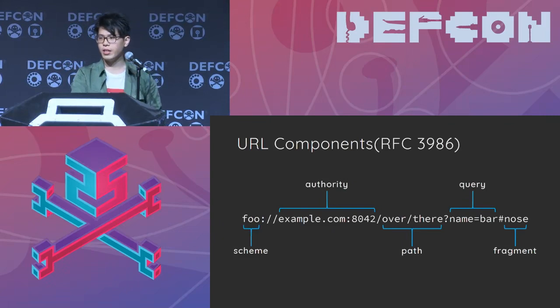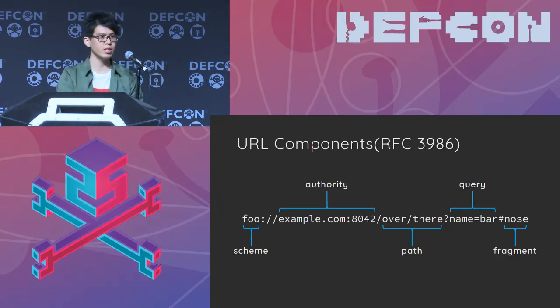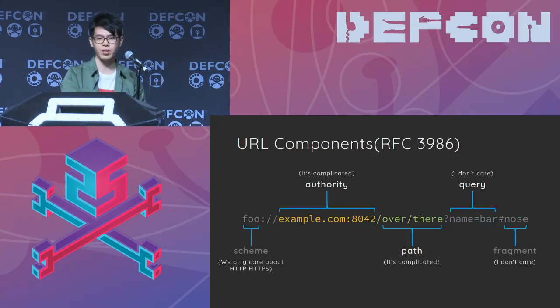How does the RFC define a URL? This is the URL components defined in RFC 3986. There are totally 5 parts: scheme, authority, path, query, and fragment. And this is what we will cover today: the scheme, authority, and path.